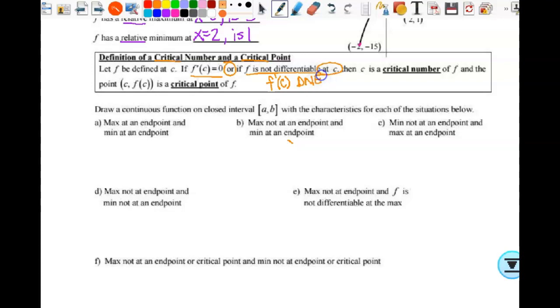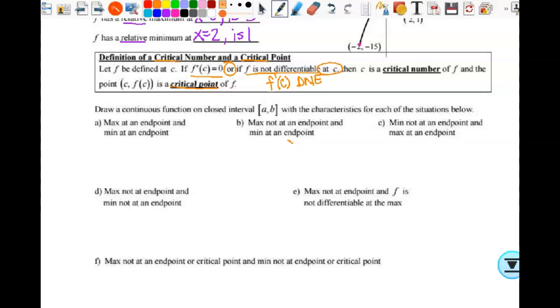So either if it equals 0 or if it does not exist, then it is a critical number of f. And the point (c, f of c) is then a critical point. One of the things that we're looking for. We good with that?